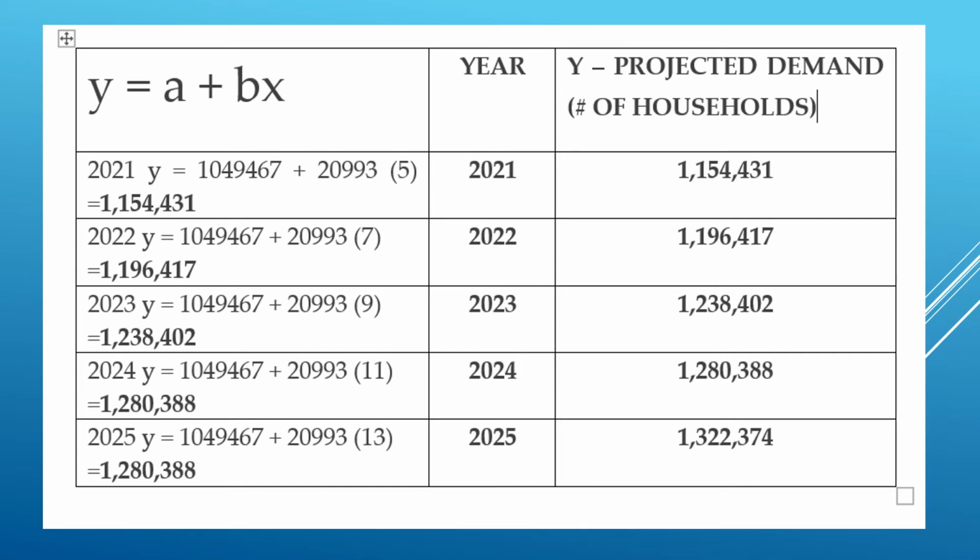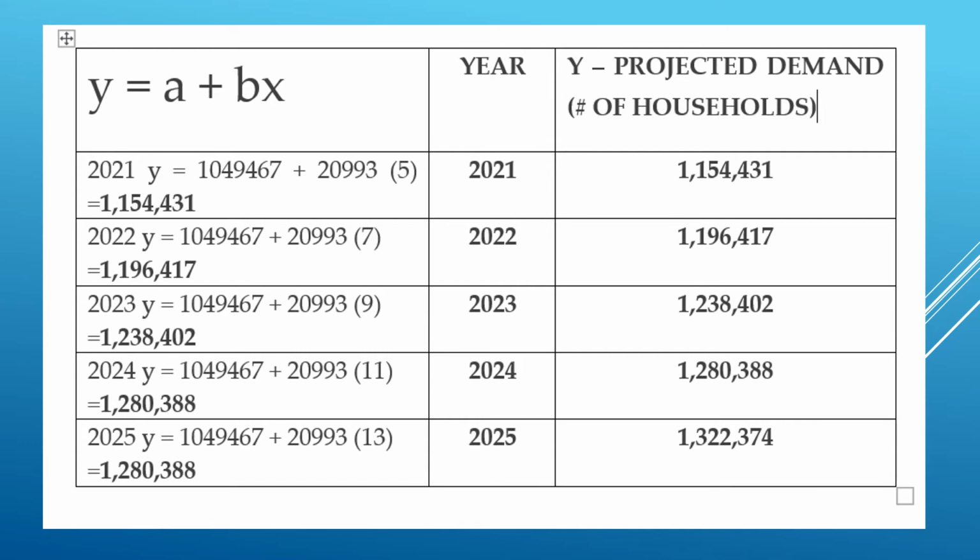So kung mapapansin ninyo, yung computation natin, A plus BX, yung A at saka B, pareho lang naman palagi. No? So, from 2021 hanggang 2025, yung A at B na na-solve natin, iyan lang naman ang lagi natin gagamitin.